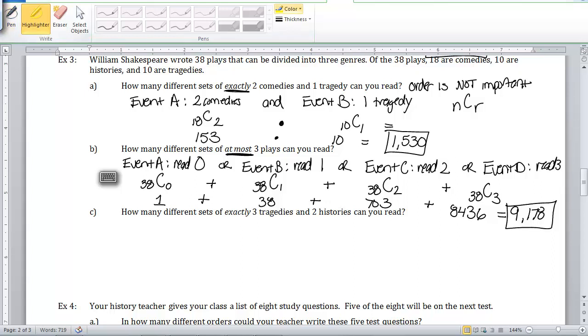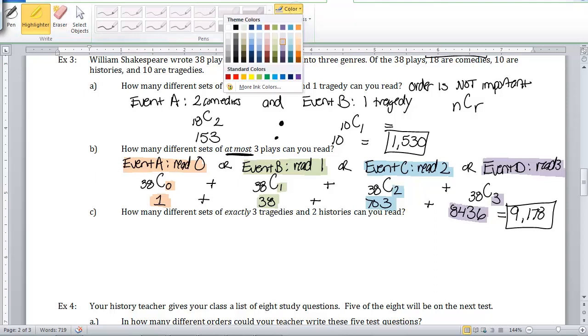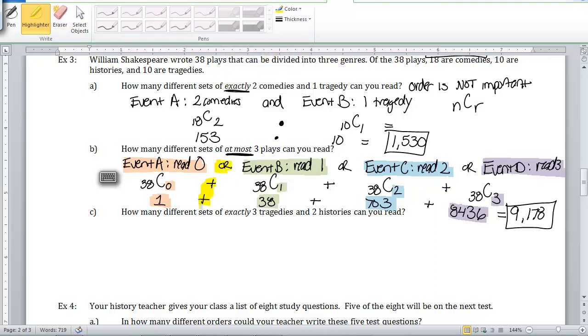Again, what you want to keep in mind is that for event A, I was reading 0, and I took that value. Event B, I was reading 1, and so then I had that value. For event C, I was reading 2, and that gave me this value. And then you also have event D, where I was reading 3, and gave me that value. It takes all 4 values, all 4 events added together, addition because it is OR, to get your end number of ways.